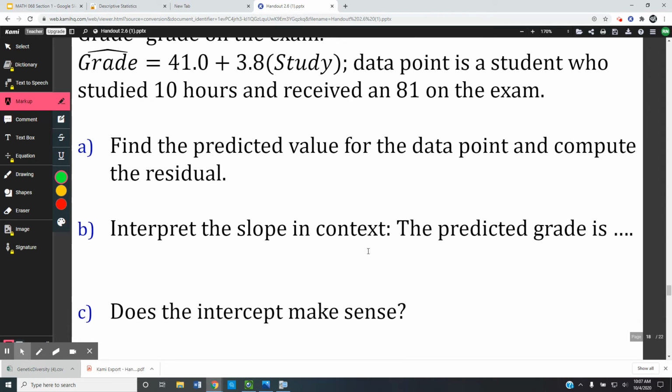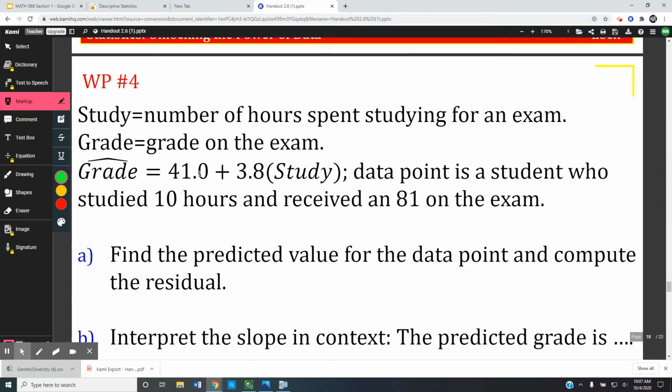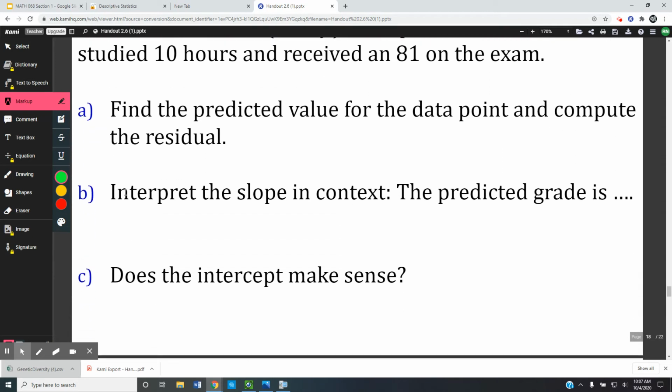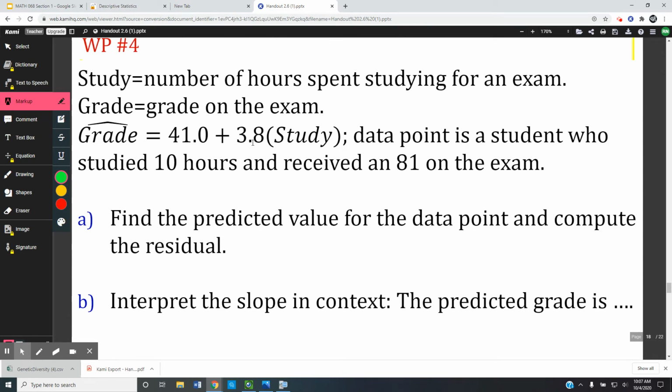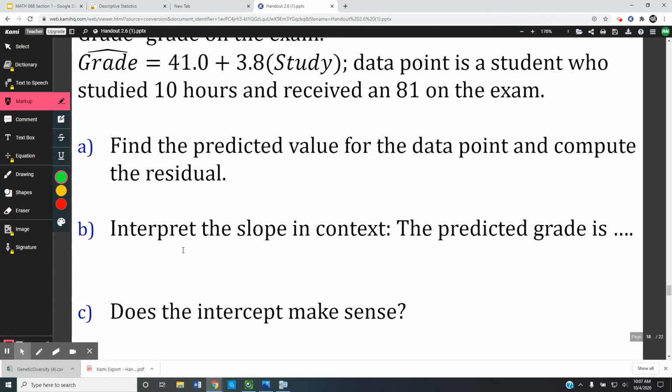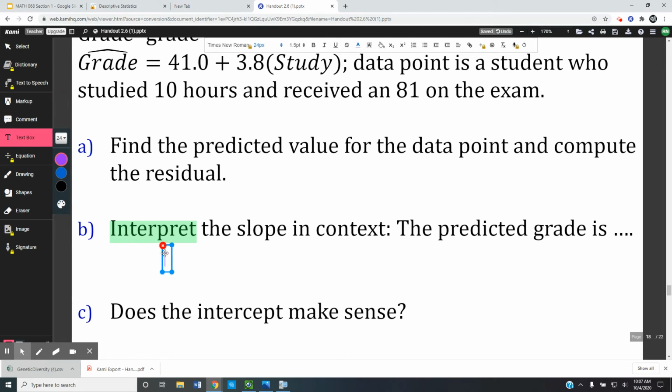Interpret the slope in context. The predicted grade is, okay, now what's happening here? It's going up by 3.8. So I have to get my text box editor happening here. Here we go.